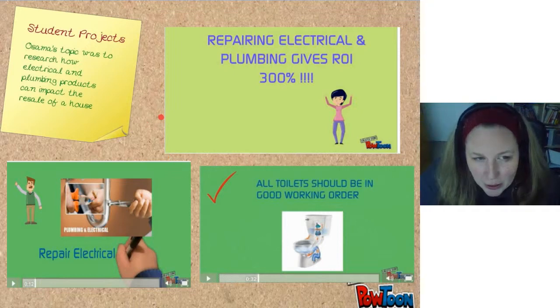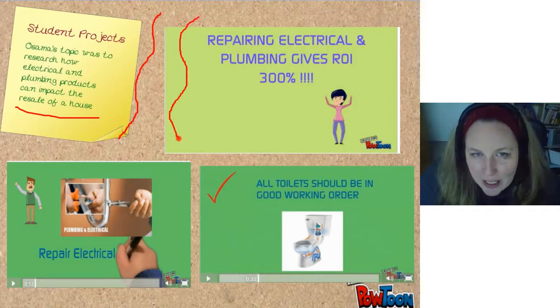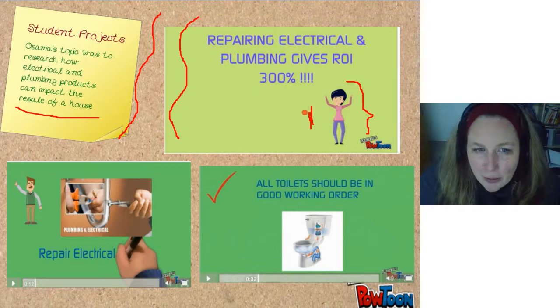So these are some screenshots from Osama. Now his presentation was to look at electrical and plumbing repairs, how, if they're done, they can improve the renovation or ROI on a home, on the resale of a house. So his was animated. He chose to have the text appearing a word at a time, and this character does a little dance of joy when it says 300%, so she's jumping up and down.